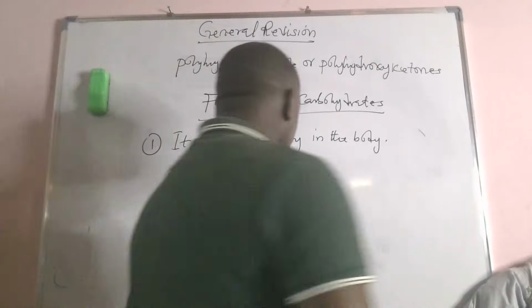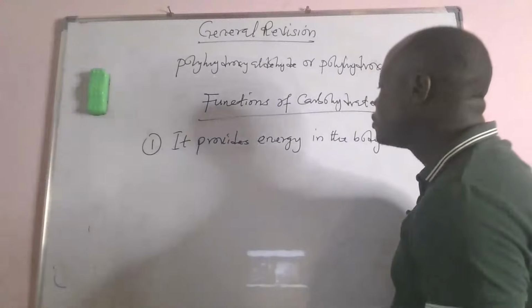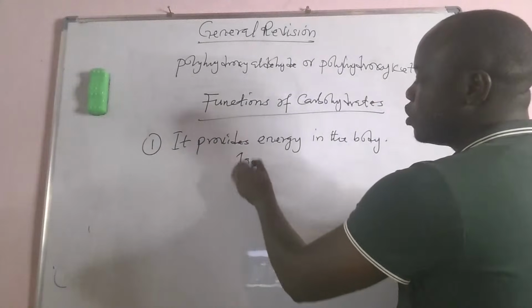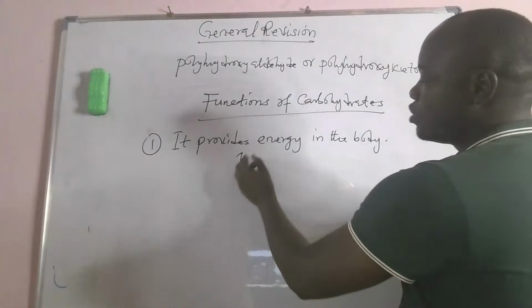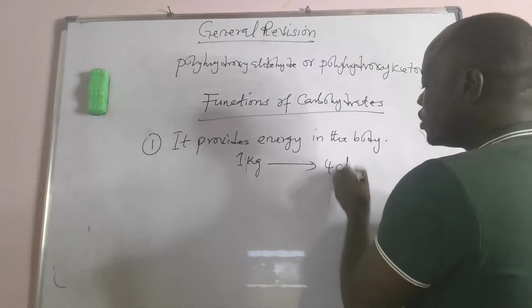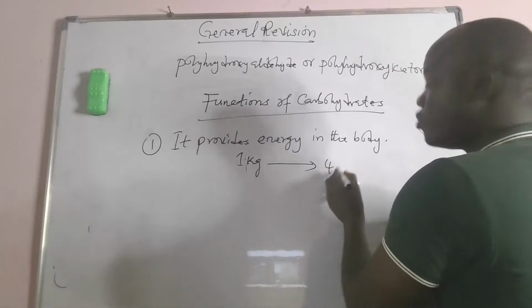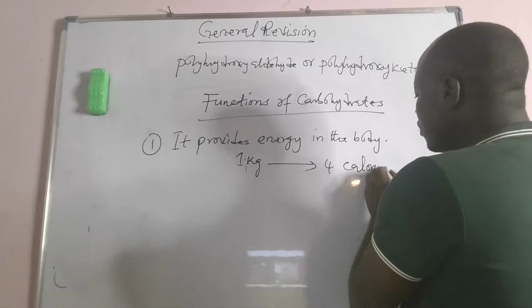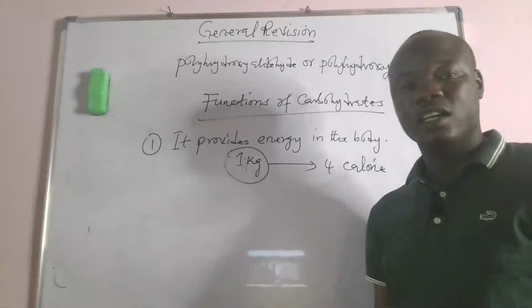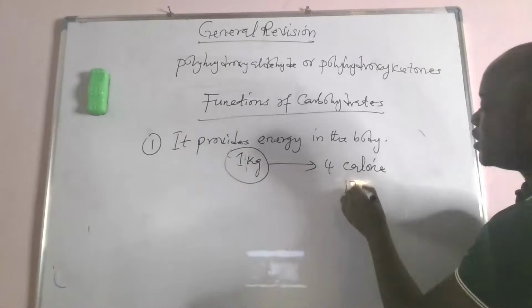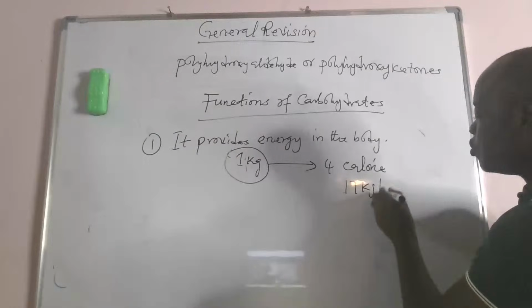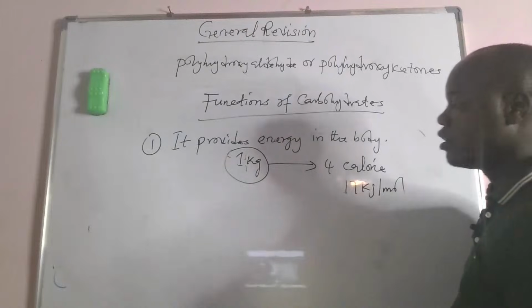In fact, 1 kilogram of carbohydrate produces about 4 kilocalories of energy, which is the same thing as 17 kilojoules.